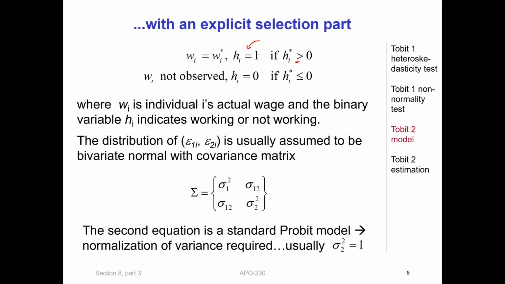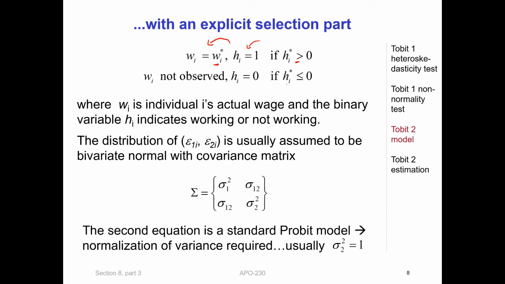Well, technically, will you observe this 1 from your survey data or your data set? Well, not really, because you may record only the actual wage, or if you don't have a wage, then 0, right? But you've seen in the assignment already that we could construct this binary indicator, hi equal 1, and then you observe some wage, and this wage equals the partly latent wage, yi star.